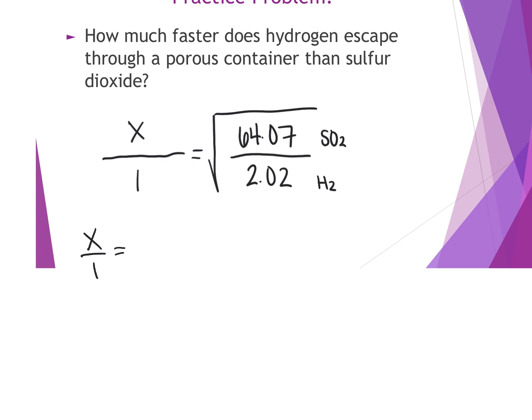What are you getting? Do you have one more digit? Yeah, it's 5.63. Okay, x over 1, is that the same thing as just x? Okay, so that means hydrogen diffuses 5.63 times faster than sulfur dioxide.